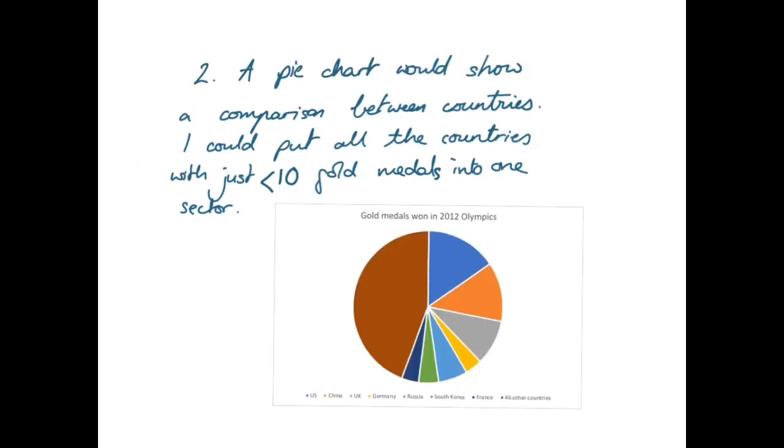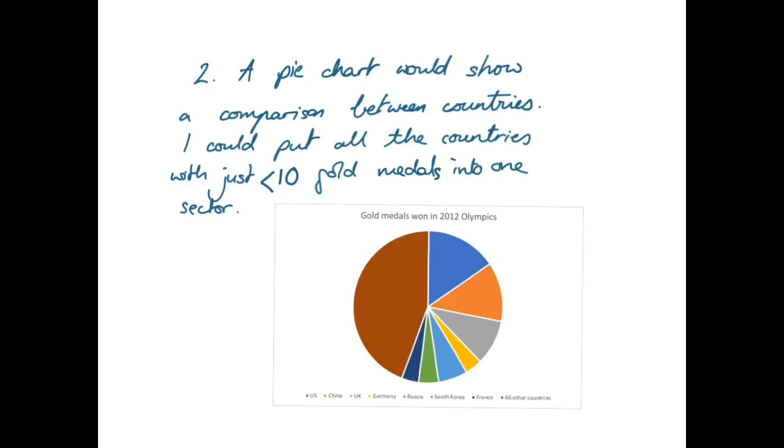So I thought, well, a pie chart would show the comparison between countries and between each country and the whole, and I could put all of those countries with less than 10 medals into one sector. But kind of the same problem again. The country which won the most, which is the US, you can see from the key, it still looks tiny compared to those 46 other countries.